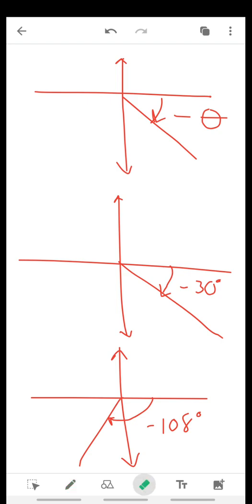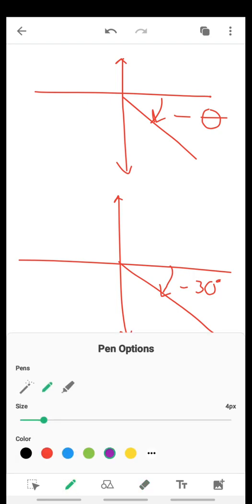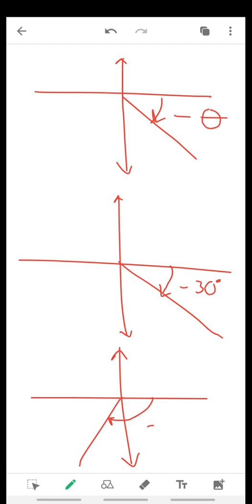This, however, can be, let's say, negative 100. Okay, this negative 100 degrees, very, very important.